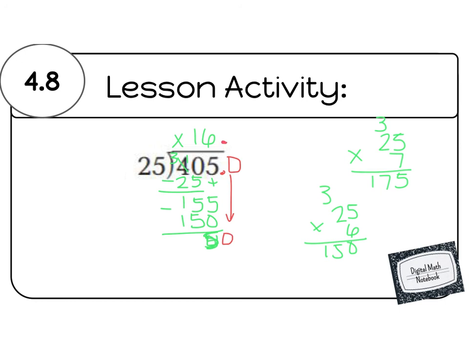Oh, don't forget to put it on an elevator. 25 goes into 50 2 times, which is 50. No remainder. So by adding that 0 on the end, now we have no remainder. We're going to divide just like a calculator. Our answer is now 16.2. Pause now to type your work into your digital math notebook.